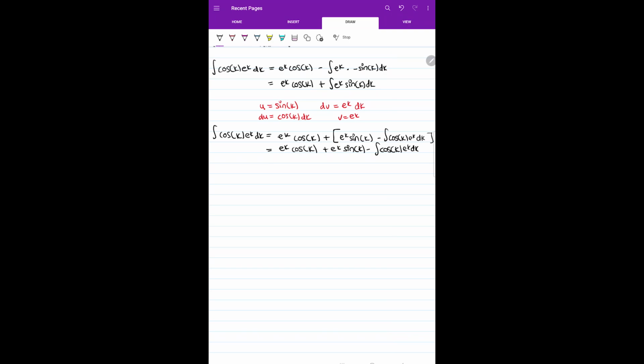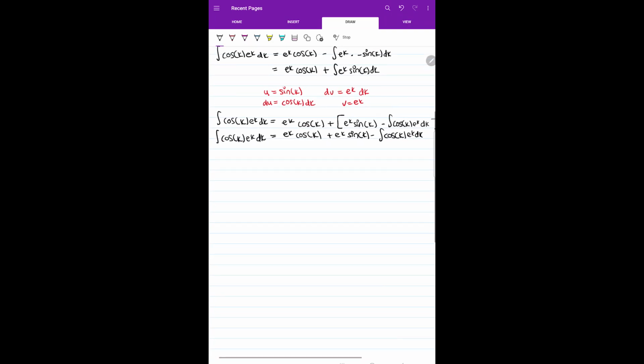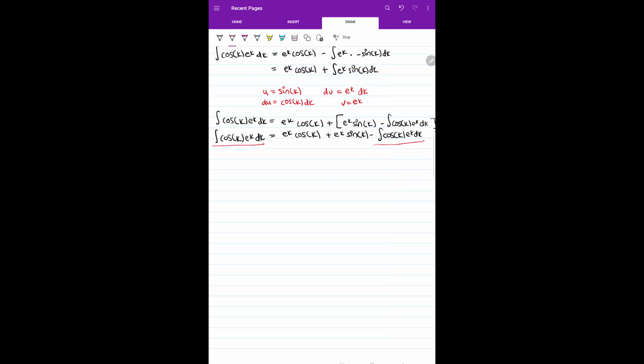Now why would I do integration by parts twice? Well, if you notice, this is supposed to be the same integral here, and that's why I kept writing it, so that it becomes clear that we have this integral here, and then ooh, this is the exact same one, and there's a minus sign.